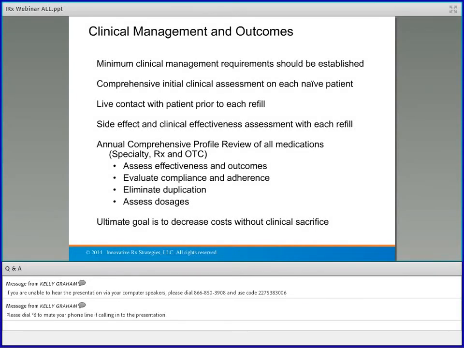The comprehensive initial assessments, when it's a new patient, that naive patient, the first time they're on it, the expectation is of that specialty pharmacist to reach out and talk to the patient and understand all the medications that they're on, what the physician said to them, what their expectations are, kind of do a whole clinical assessment that should take quite a while to do, to make sure that the specialty pharmacist understands all the needs and issues and side effects that the patient is going to have, and then really look at that and evaluate those kind of things.